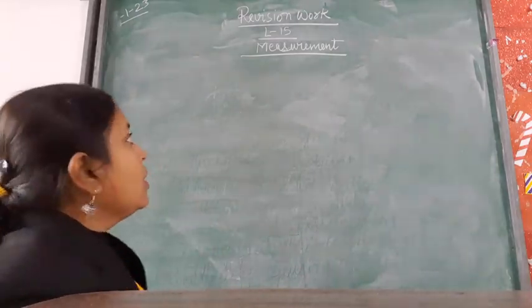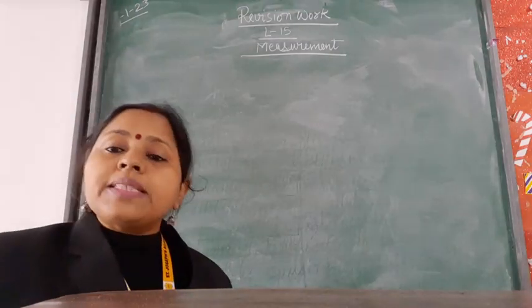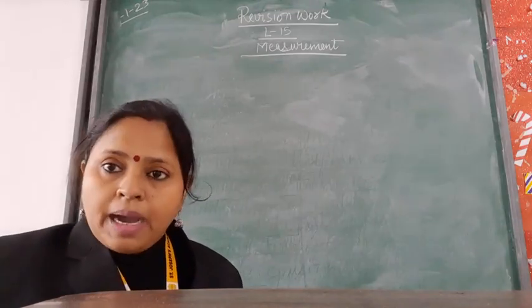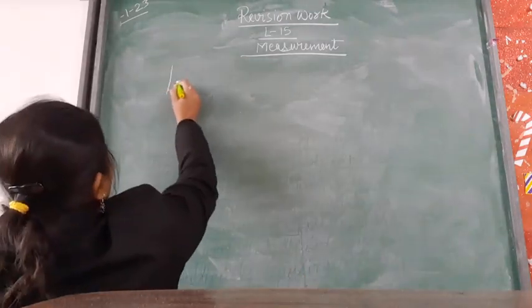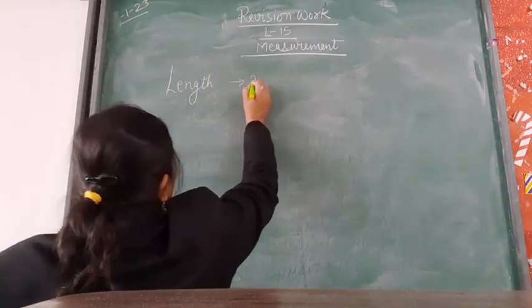First of all, we know what the basic units are. Let us revise the basic units for length, for mass or weight, and for volume. The basic unit for length is meter.